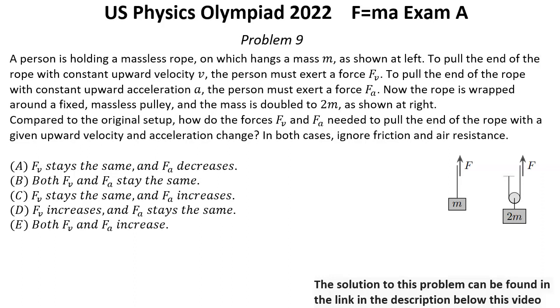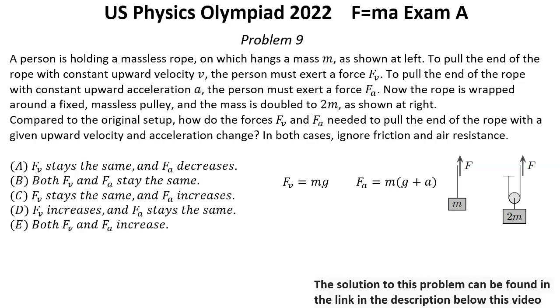To pull this mass m with a constant velocity, we need to exert a force equal to mg. To pull this mass with acceleration a, we need to use force Fa equal to m multiplied by g plus a.